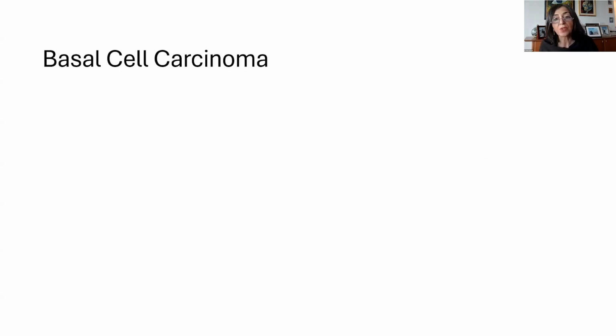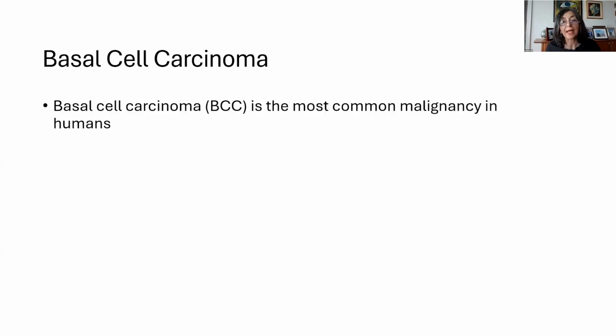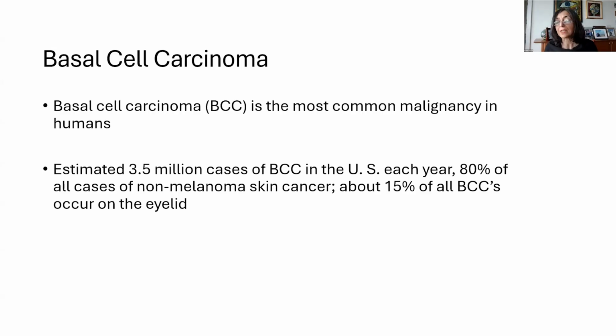So we'll start with the most common cancers that happen on the eyelid and periocular region. Basal cell cancer is the most common cancer in humans, period. In terms of sheer numbers, this is the most frequently encountered cancer in humans. I believe that we can say throughout the world, but of course, a little more frequently encountered in Western and Northern hemispheres because of sensitivity of the skin type.